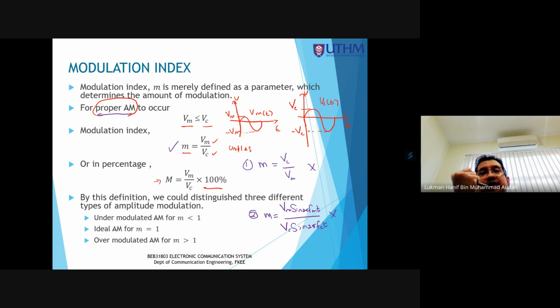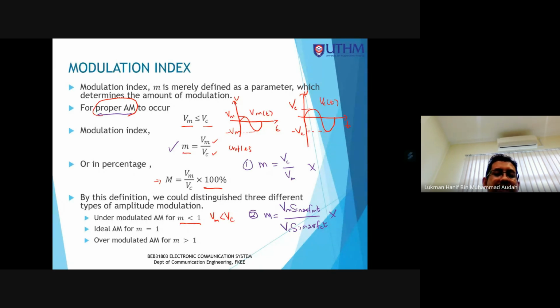The first one is when the value of modulation index is less than 1. That means we call it under modulated AM, where VM is less than VC.